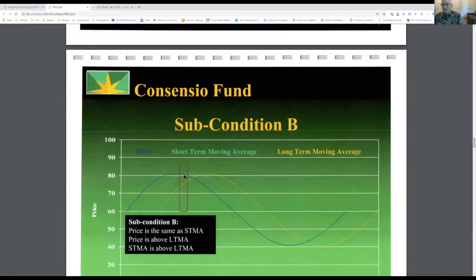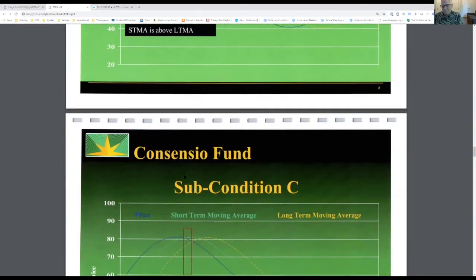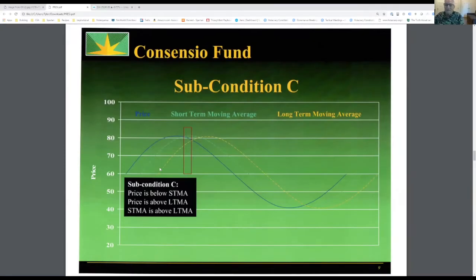You can't go to C without going through B. What is C? C is price is now below the short-term moving average. It was on it, it's now below it.